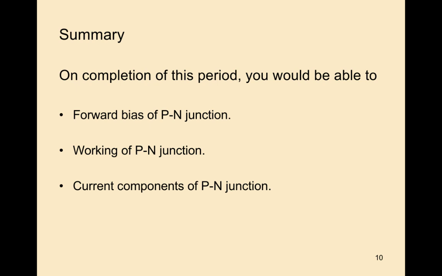When you connect in forward biased mode, the diode acts like a low resistor, and only the majority carriers current flows in this diode. At the same time, the width of the depletion region and the potential barrier are reduced when we connect the diode in forward biased mode.